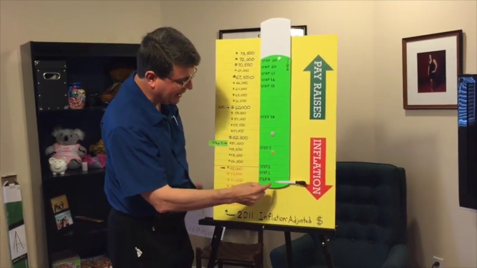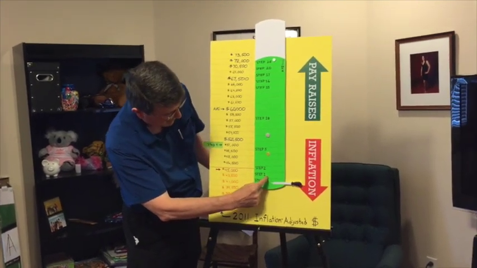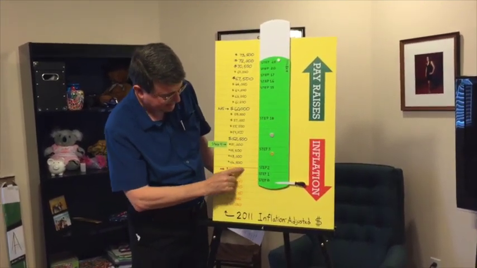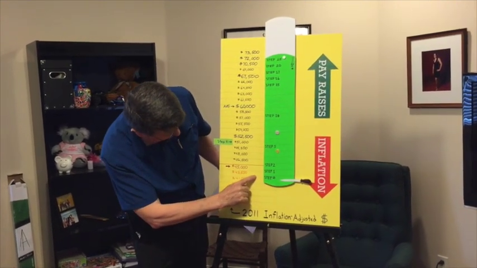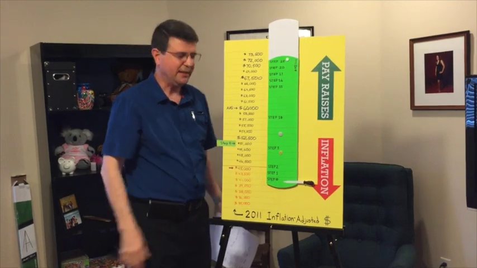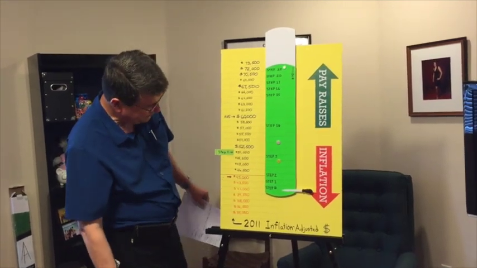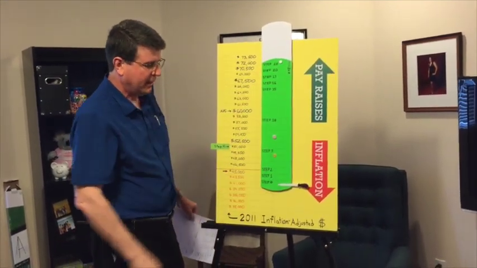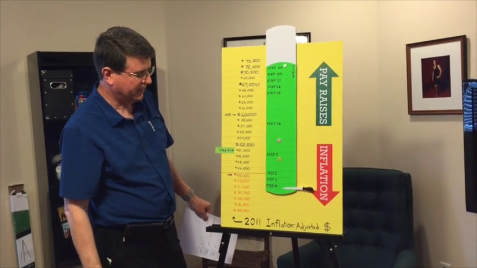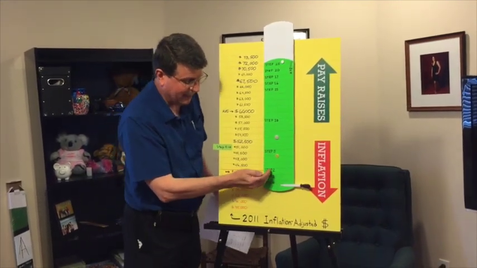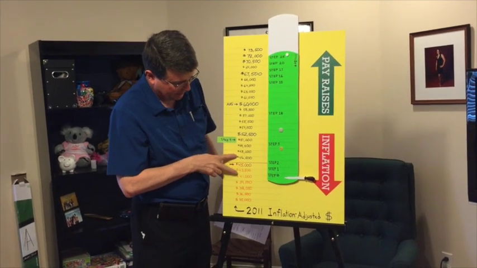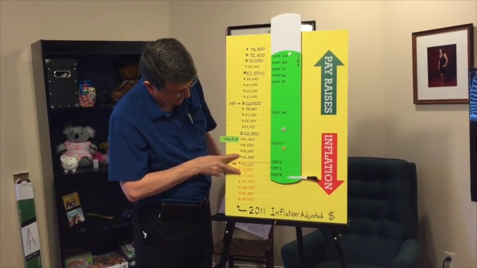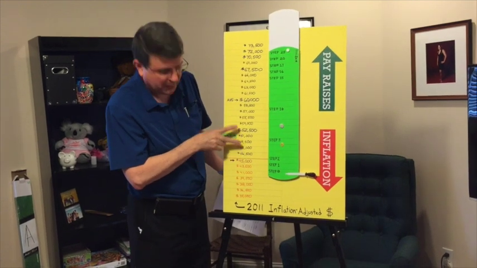As you can see, the new hires now, when they were coming in with $45,000 of buying power, they're now down at probably about $41,500 or something in that range on the average. So they've lost significant ground to inflation, and step 1 is lower than step 1 was when the new hire was hired, and step 2 and so forth.